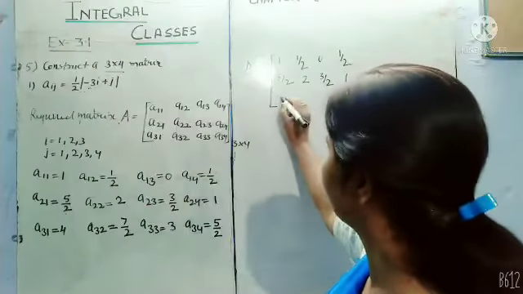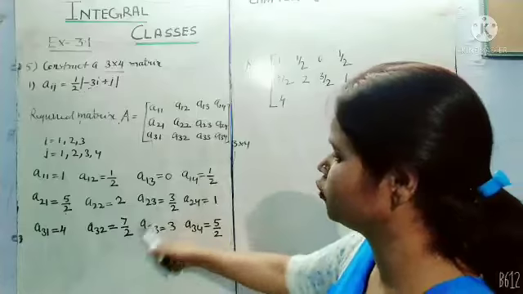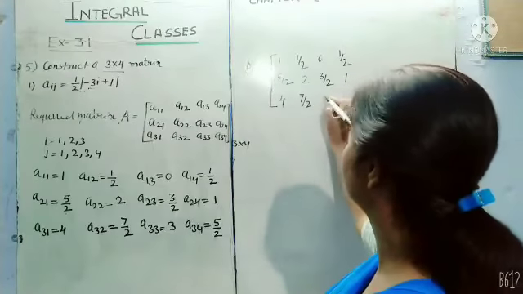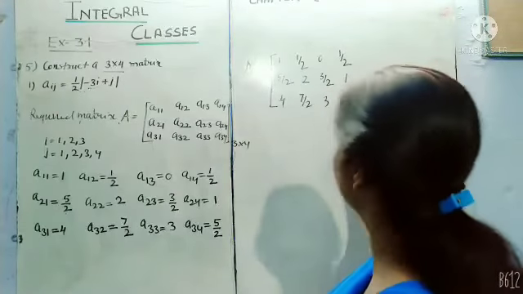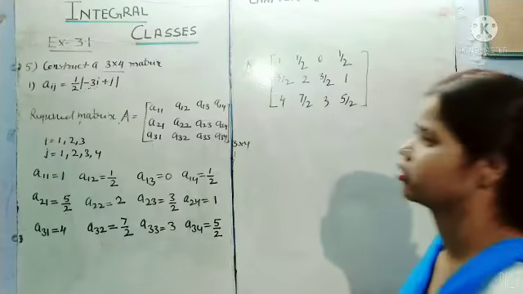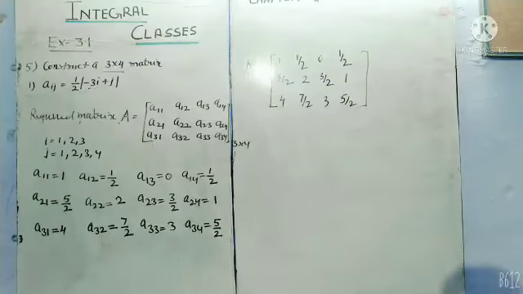A31 4, A32 7 by 2, A33 3, A34 5 by 2. It is the answer of the first part of question number 5.